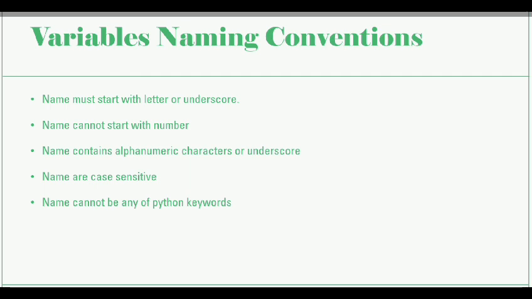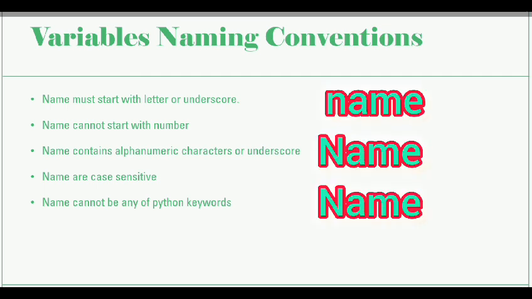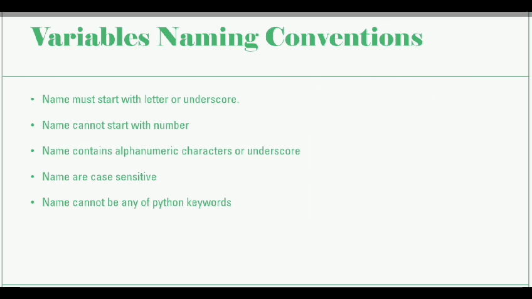Variable names are case sensitive. For example, if we define variables called name, Name, and NAME, then three different variables will get created. And lastly, a variable name cannot be any of the Python keywords.